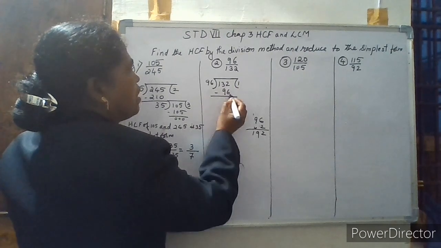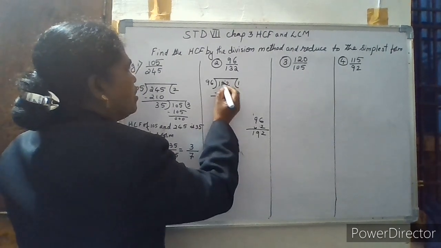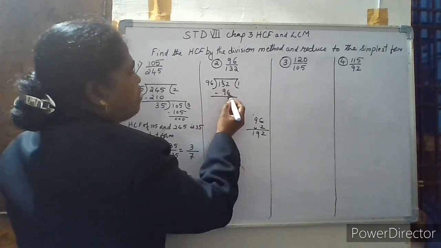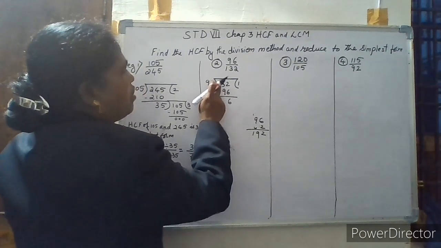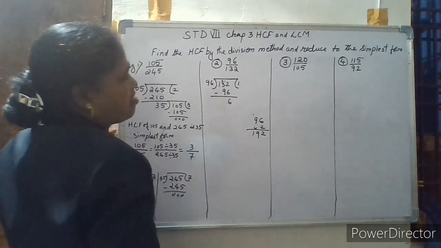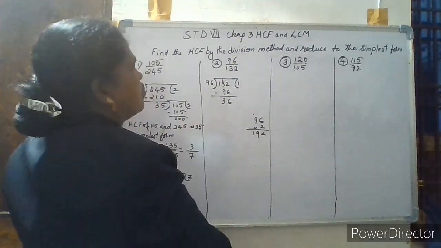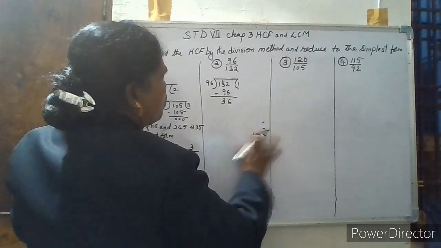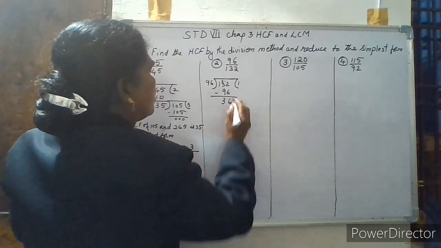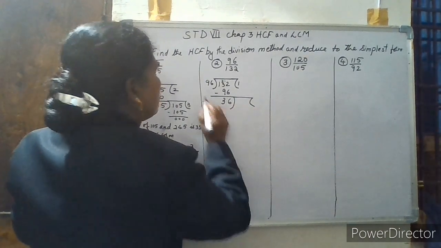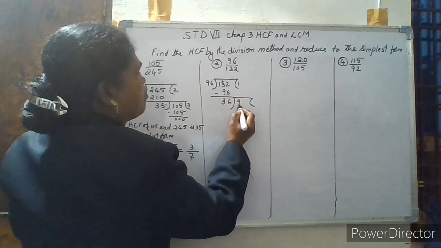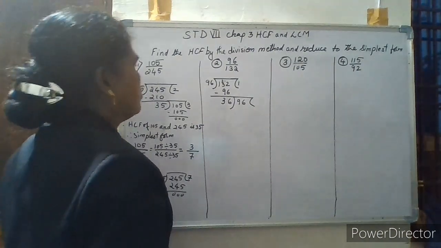Now 2 minus 6 is not possible. Borrow 1 here, 12 minus 6 is 6. Now here 1 and 2, 12. 12 minus 9 is 3. So now take this 36 as the divisor and the previous number 96.